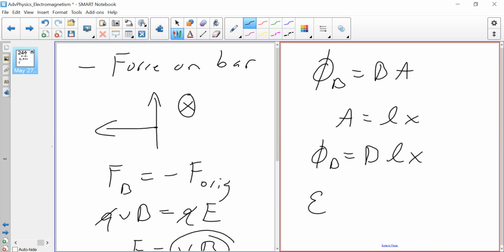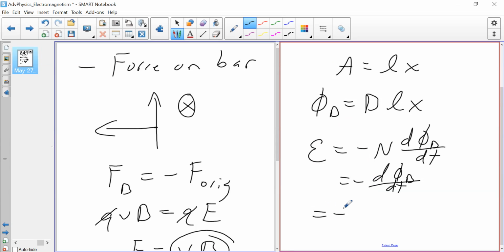And so therefore we know that EMF is going to be negative N d phi B dt, and let's say N is just one, one wire. So we just say negative d phi B dt.